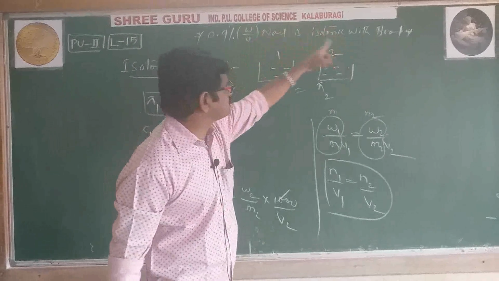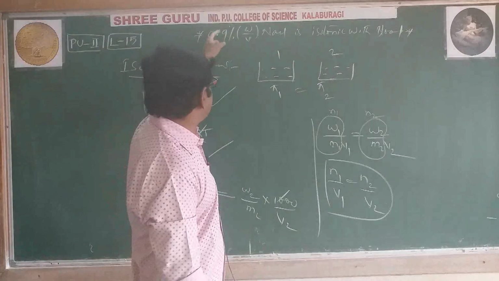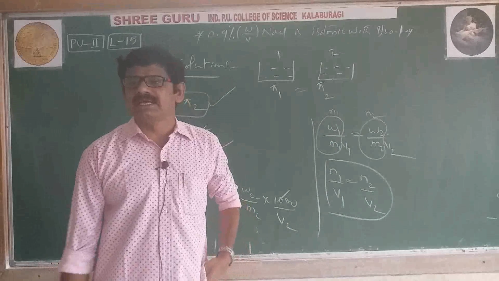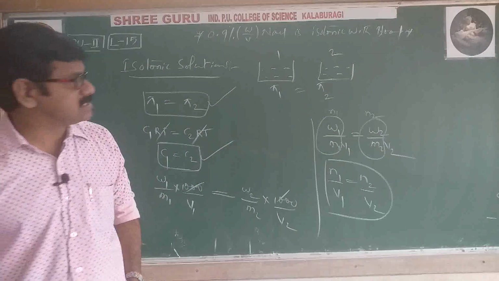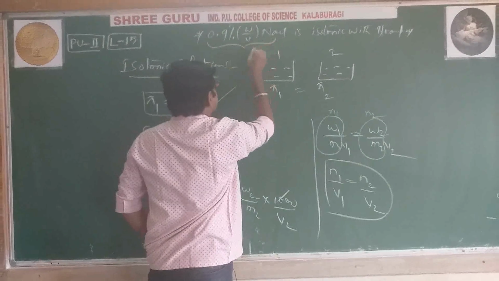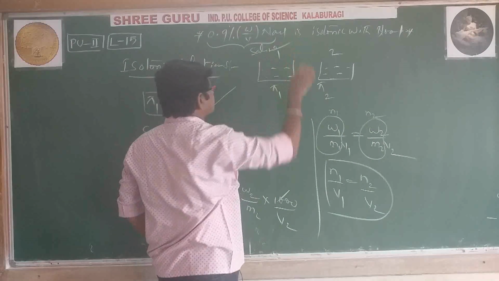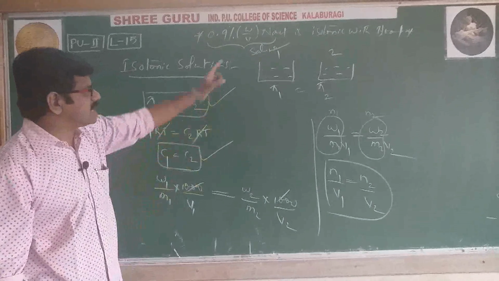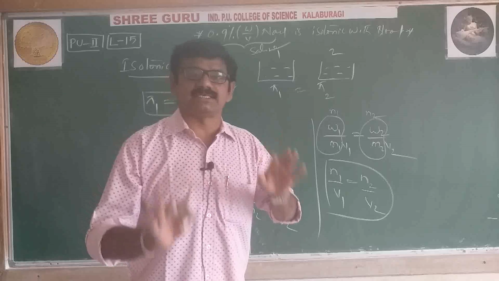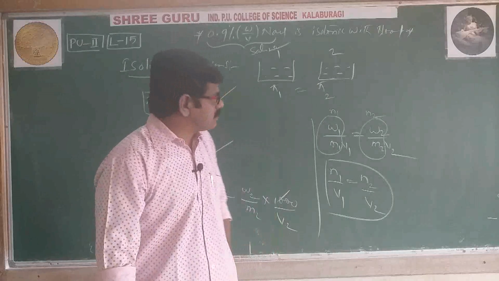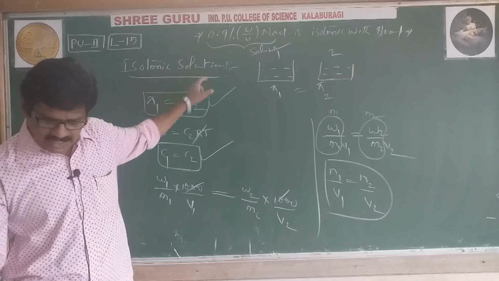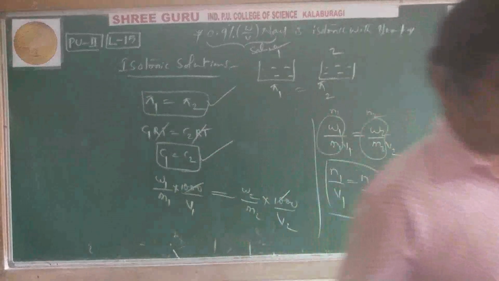Both have the same osmotic pressure, 0.9% W by V NaCl and the blood. They are isotonic solutions, and this 0.9% W by V NaCl is also called saline. Saline bottle, saline is isotonic with the blood, having the same osmotic pressure as well as the same concentration. Now based on isotonic solutions, we'll solve one problem.